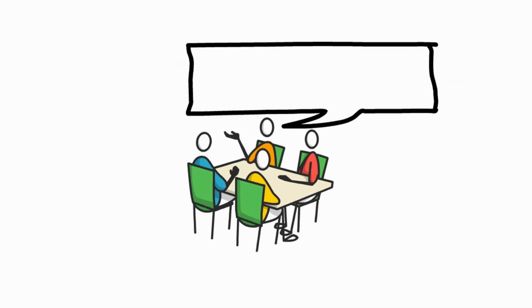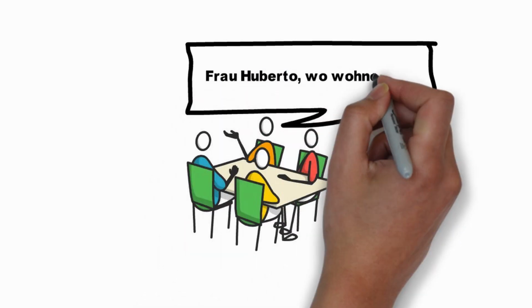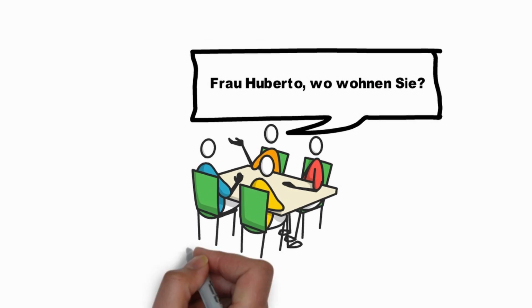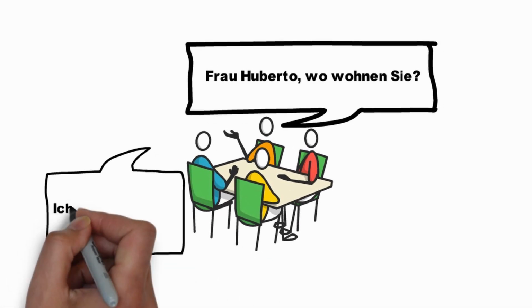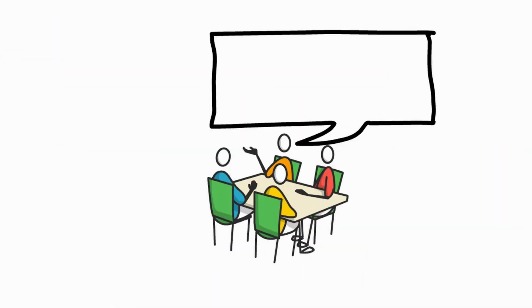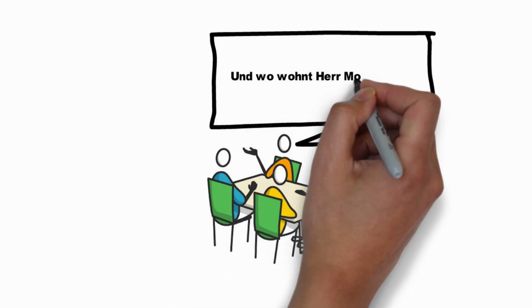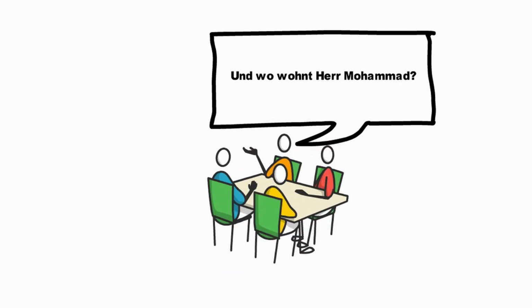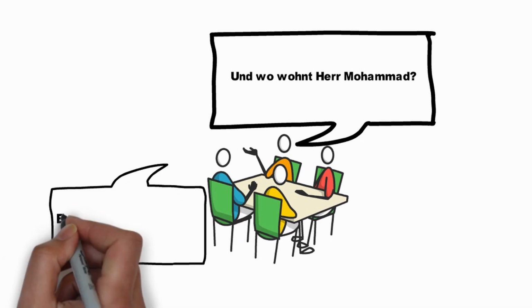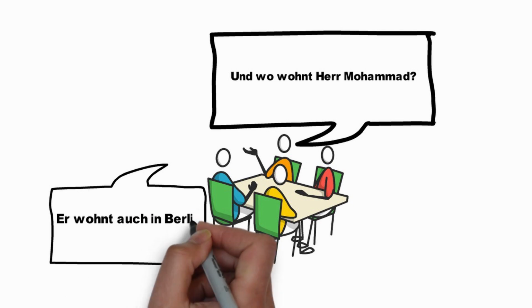Er kommt aus dem Irak. Frau Huberto, wo wohnen Sie? Ich wohne in Berlin. Und wo wohnt Herr Muhammad? Er wohnt auch in Berlin.